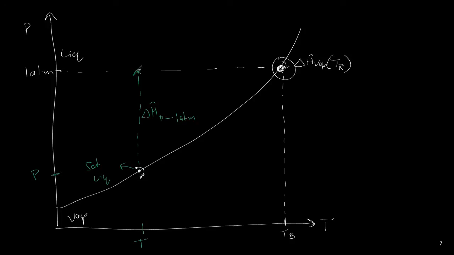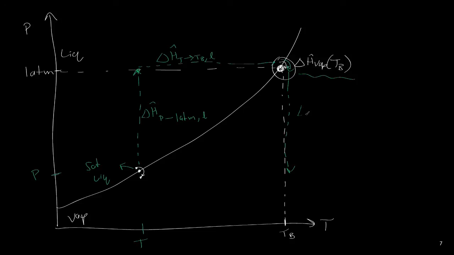The next step would be to transition over here, and this would be the delta H going from the system temperature to the boiling point of the fluid. We would add in the heat of vaporization. And this is actually for a liquid.